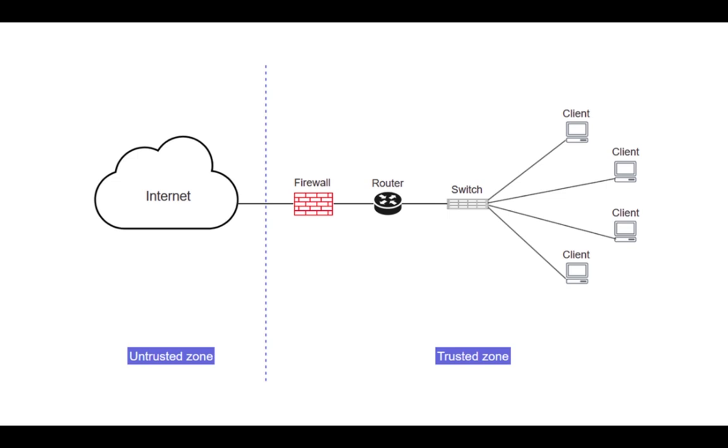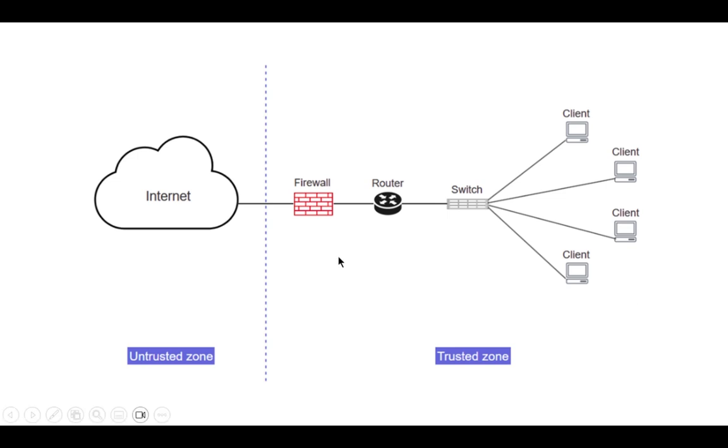A NGFW can detect and prevent advanced and sophisticated attacks such as ransomware, botnets, and zero-day exploits. A NGFW can also integrate with cloud and virtual environments and provide centralized management and visibility.